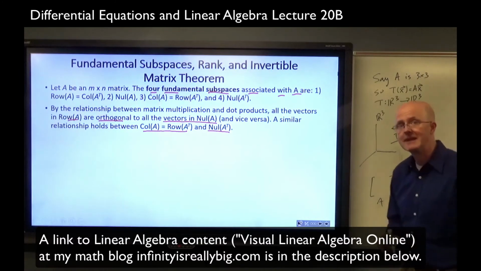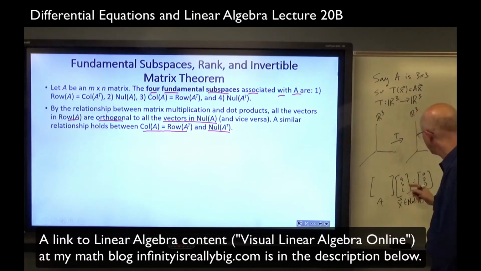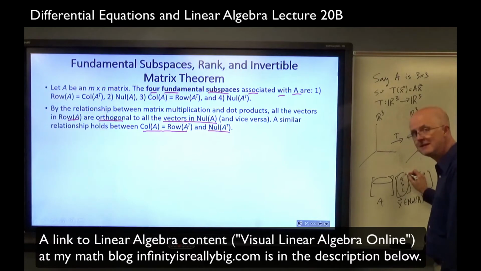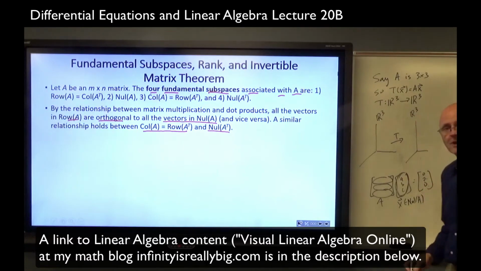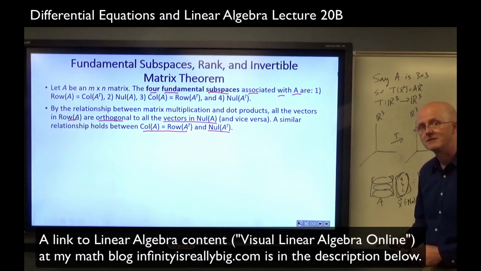And because we can think of matrix multiplication in terms of dot products, in other words, the first entry of the output is the dot product of this row vector with x. The second row of the matrix dotted with this vector gives you the second component of the answer. And the third row of A dotted with this vector gives you the third component. All those dot products are 0. And therefore, this vector in the null space is orthogonal to each of these three vectors in the row space of A.